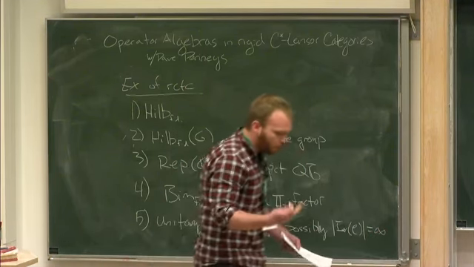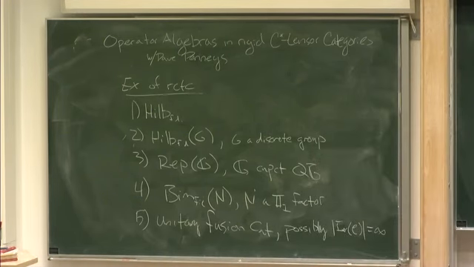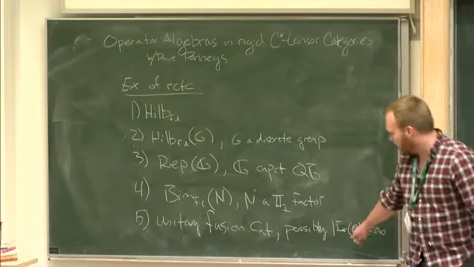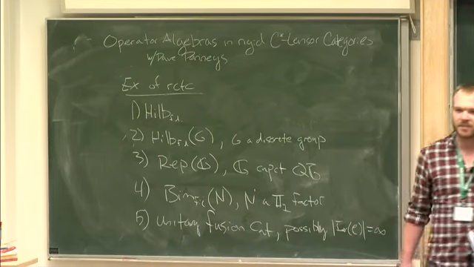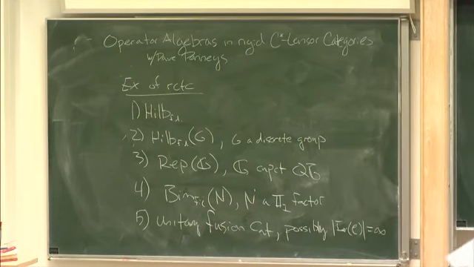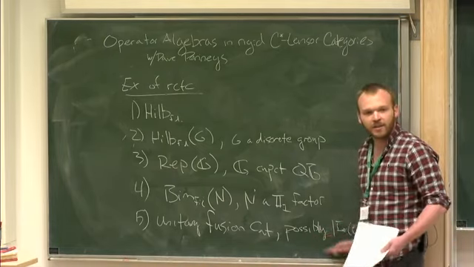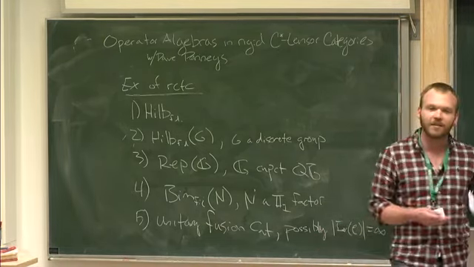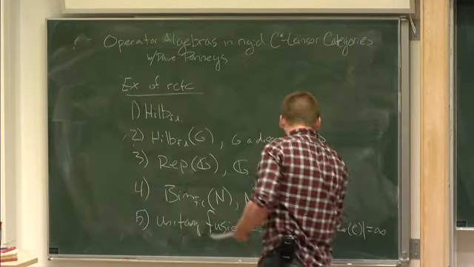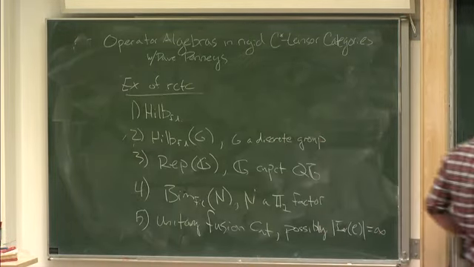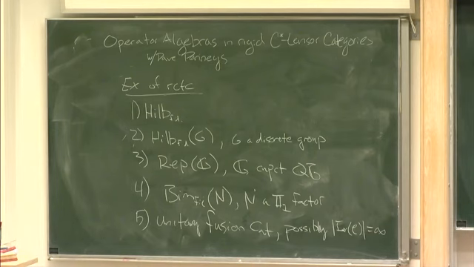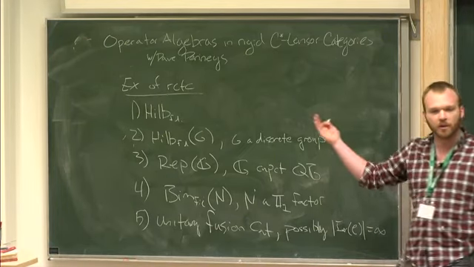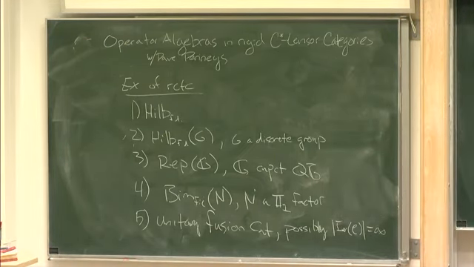Usually the word fusion category in the literature means there are only finitely many isomorphism classes of simple objects, but that's kind of a silly restriction. I am proposing that fusion category should be generalized to be this, and if you want the other one, you should say finite fusion category. So put me on the record for saying that. I think that would make a lot of statements more convenient. We wouldn't have to call these rigid C-star tensor categories anymore. We could call them unitary fusion categories. It sounds much better.